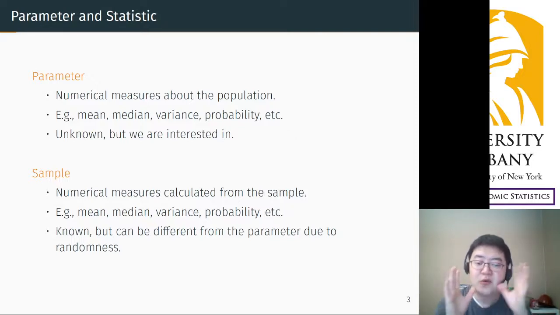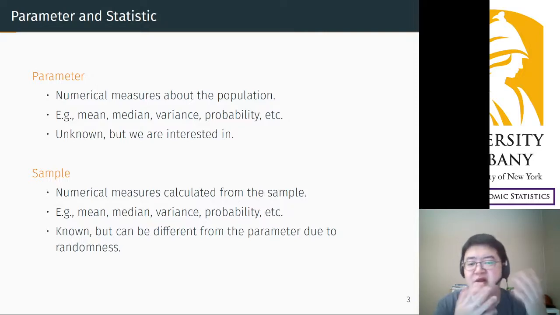So at that time, parameter meant something like a summary without any loss of information. But now in this inference chapter, its meaning is a little bit different. Even though there is not a big difference basically, we are going to use it from a different angle. So in this chapter, when I say parameter, it means any numerical measure about the population. If it is about the population, that is a parameter.